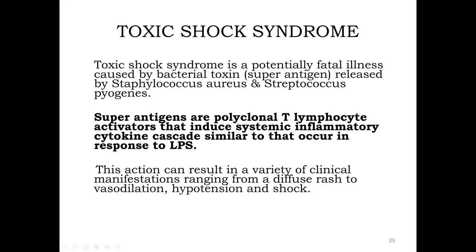Superantigens are polyclonal T lymphocyte activators that induce systemic inflammatory cytokine cascade similar to that occur in response to lipopolysaccharides. This action can result in a variety of clinical manifestations ranging from a diffuse rash to vasodilatation, hypotension, and shock.